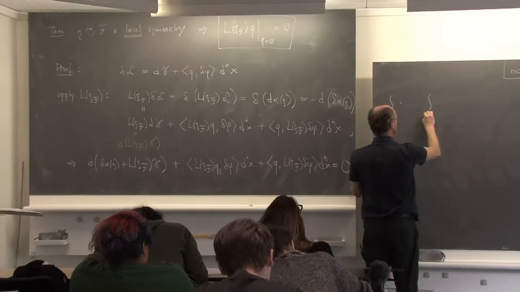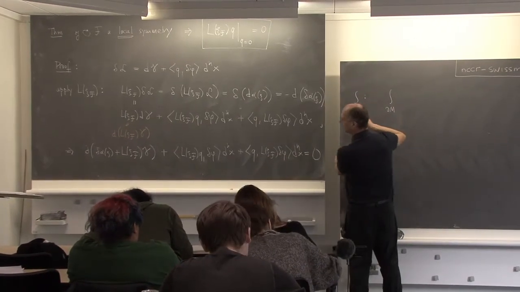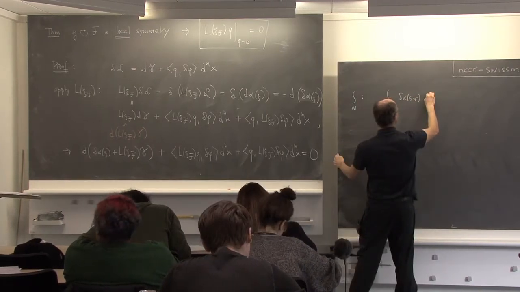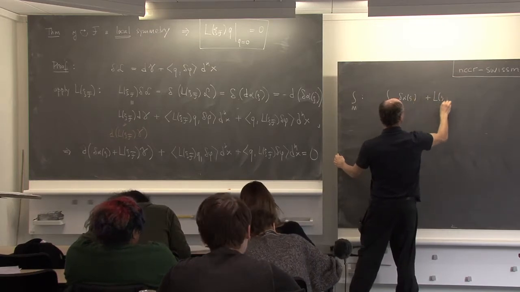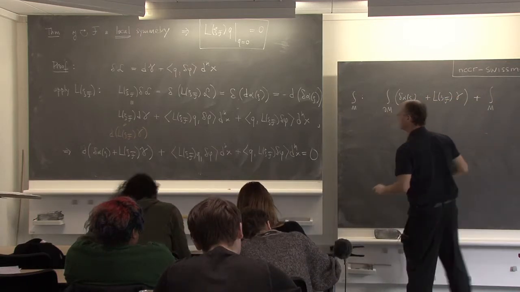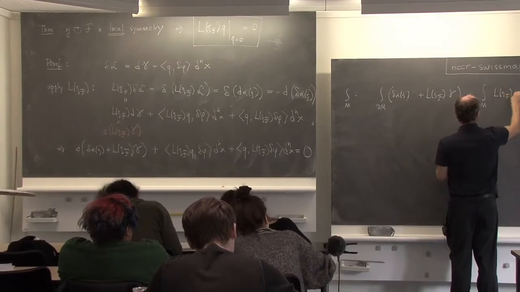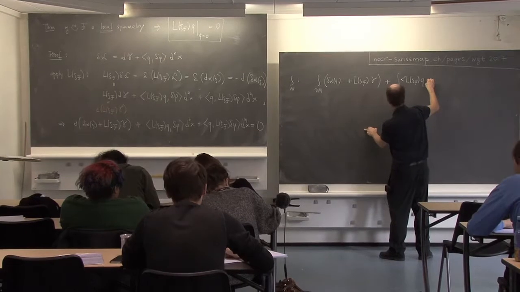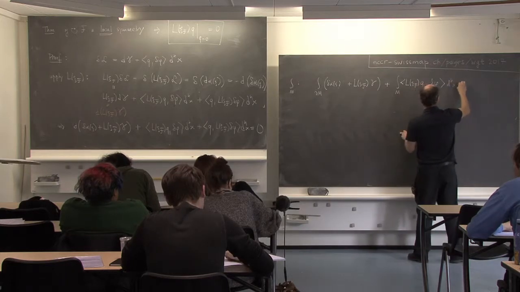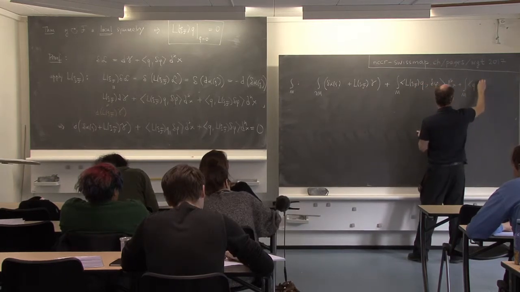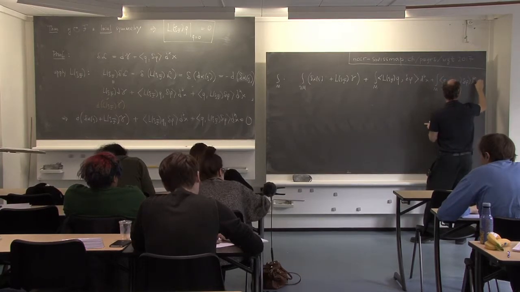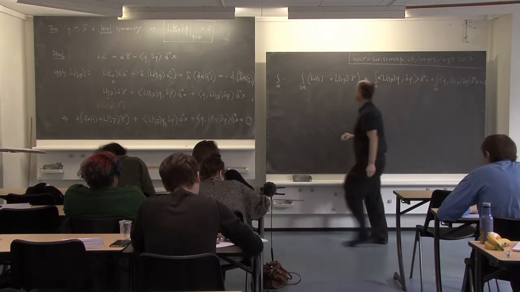So this will give us the integral over the boundary of M, delta alpha of psi f plus L psi f gamma, plus the integral over M, L psi f q delta phi dnx, plus the integral over M q L psi f delta phi dnx, and this is equal to 0.